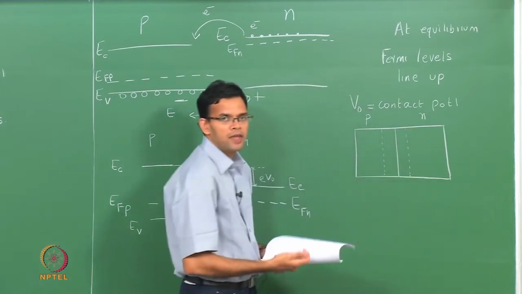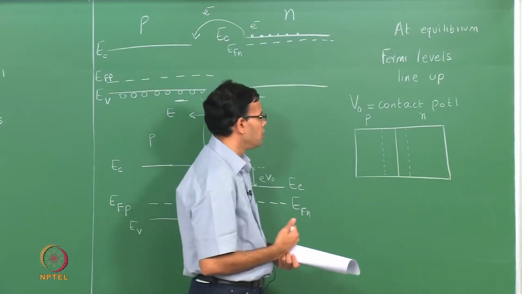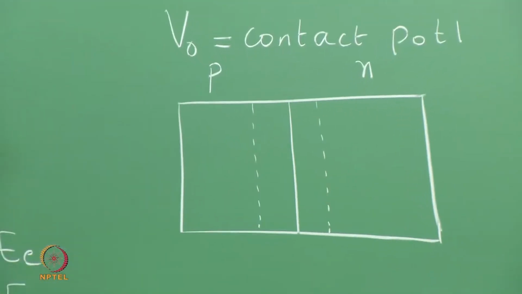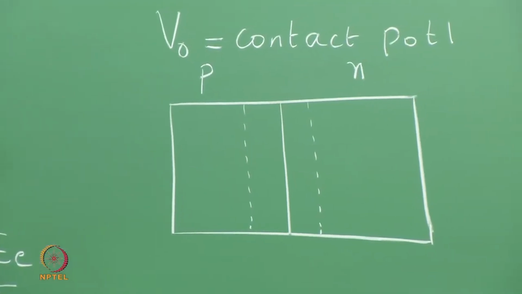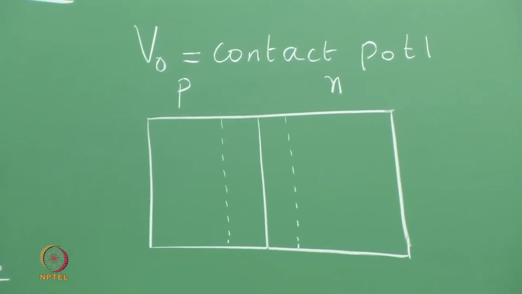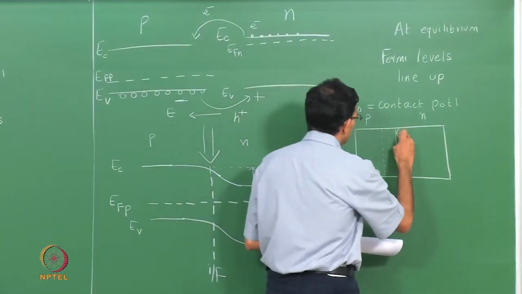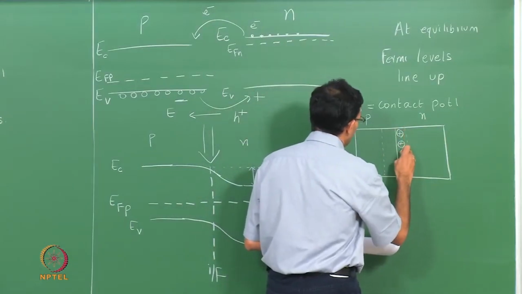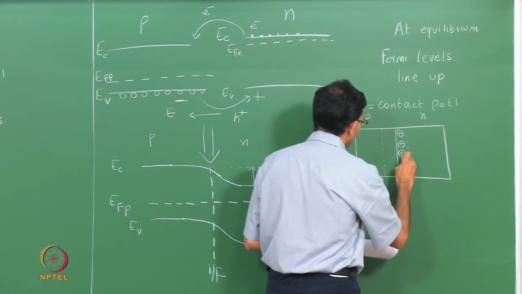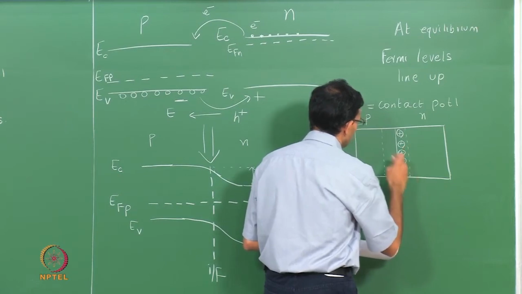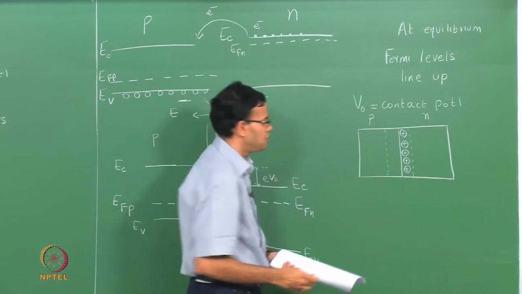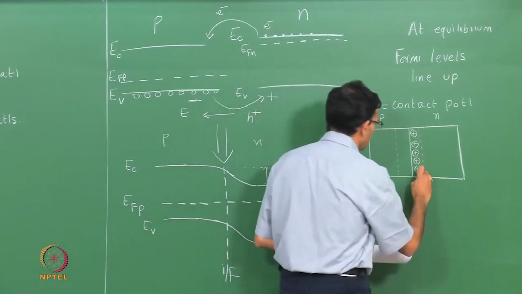Electrons move from the N to the P. So, when these electrons move, you are left with donor ions. Since donor ions donate an electron, and when these electrons move, they have a net positive charge. So, there is a net positive charge on the N side. So, this net positive charge refers to the donor ions.